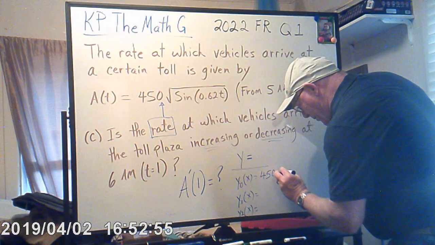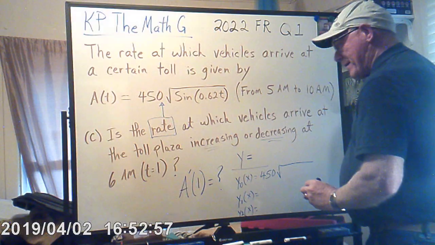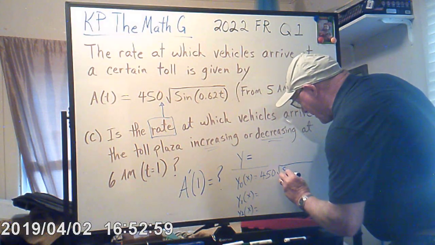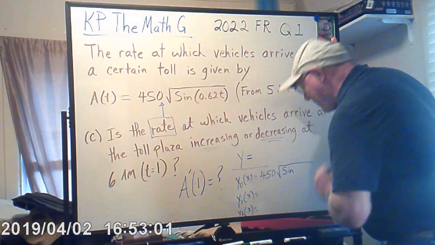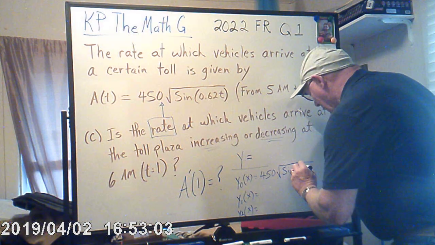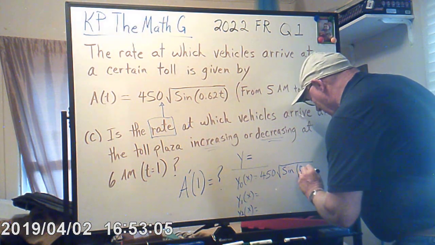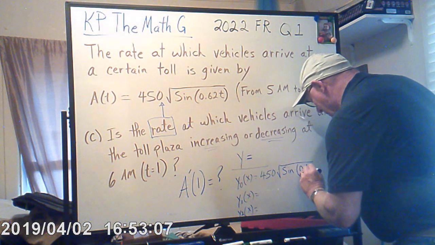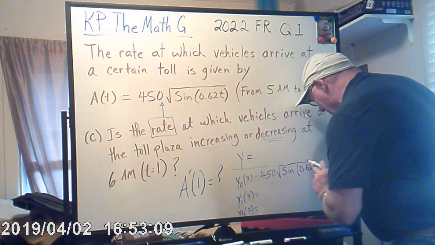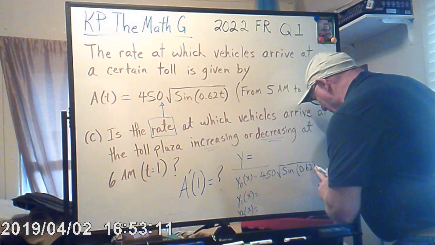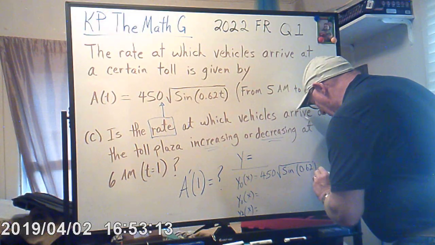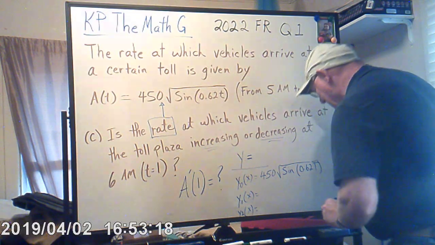When you're copying this in, first of all, make sure you hit sine and not some other function, which I know you're not going to get careless with. But the 0.62 and t goes in parentheses like that.